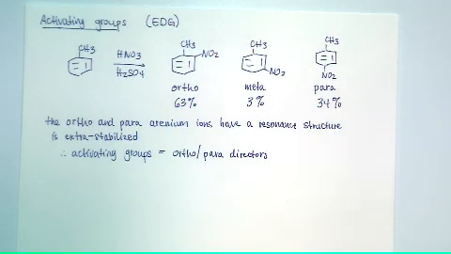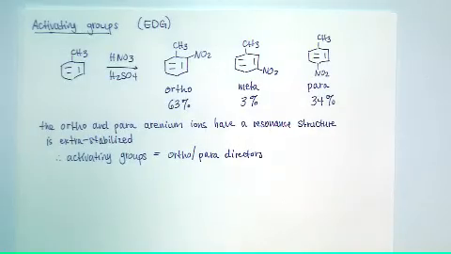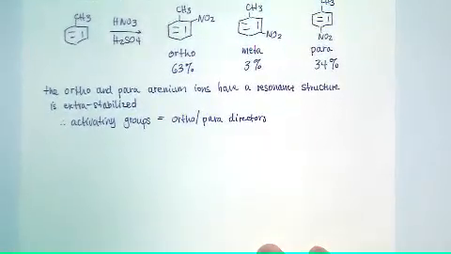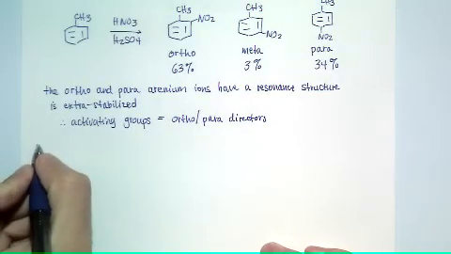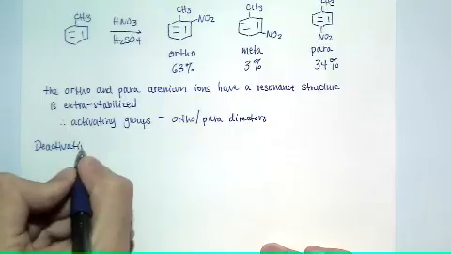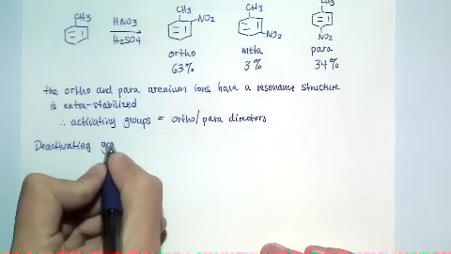So, what if we want to do meta? In order to get meta substitution, we need a deactivating group.